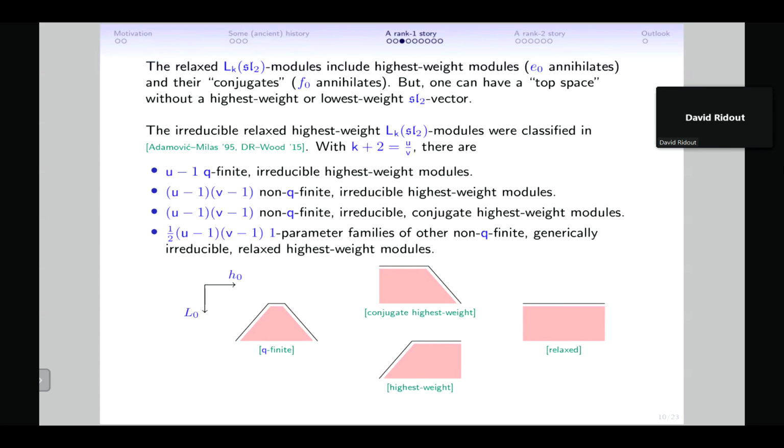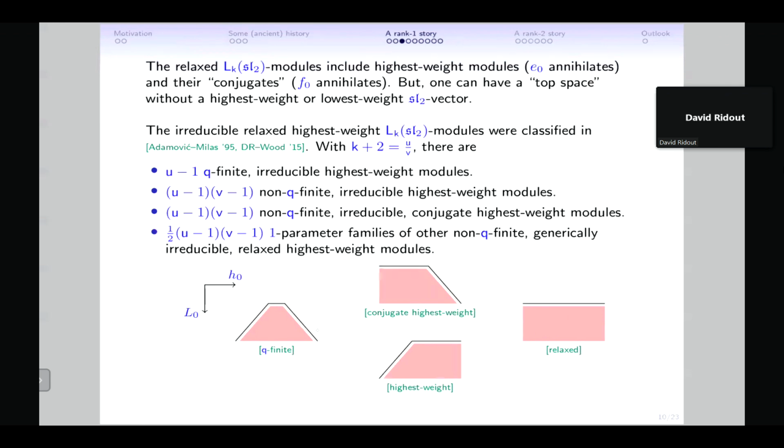But what this means is that one can have a highest weight representation, and I just realized I've labeled them incorrectly according to how I've drawn my axes. So sorry, this should be my highest weight representation, and this should be the conjugate highest weight representation, whatever. You can also have a sort of standard textbook representation, and here you have its highest and conjugate highest at the same time.